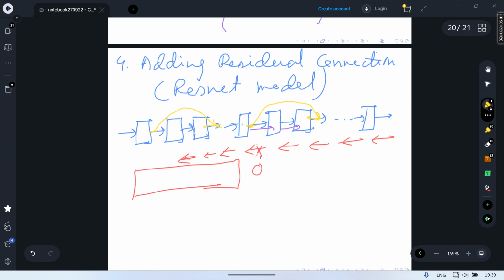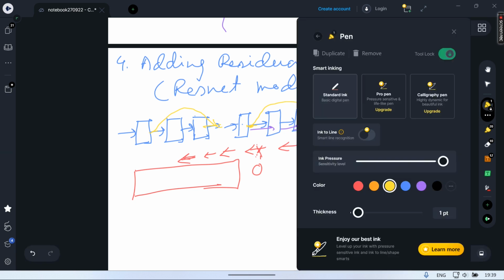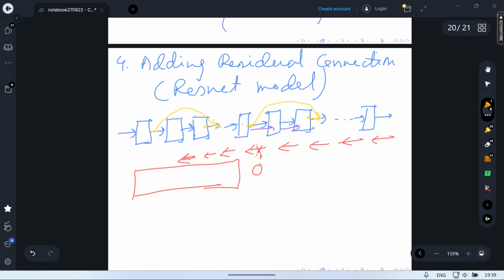In general, the gradient will pass layer by layer, but if you add such a skip connection, then from this layer the gradient can pass through the alternate direct connection, without going through the intermediate layer.